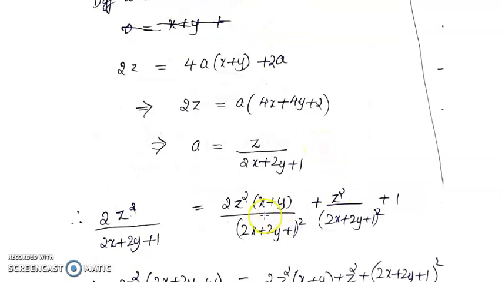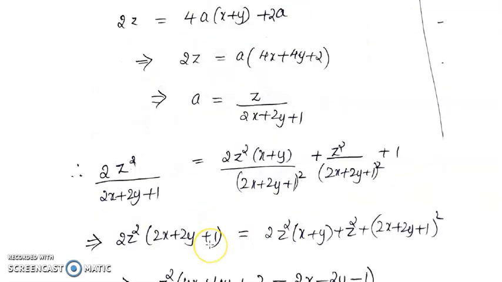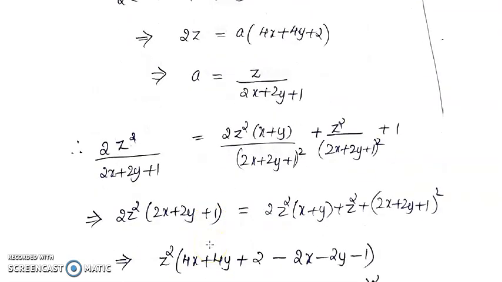So when substituted, this is what you are going to get. Now simplify this. So simplifying, we'll get 2z square into 2x plus 2y plus 1 equal to 2z square into x plus y plus z square plus 2x plus 2y plus 1 whole square.